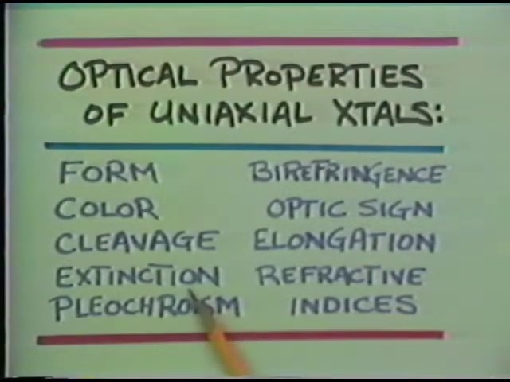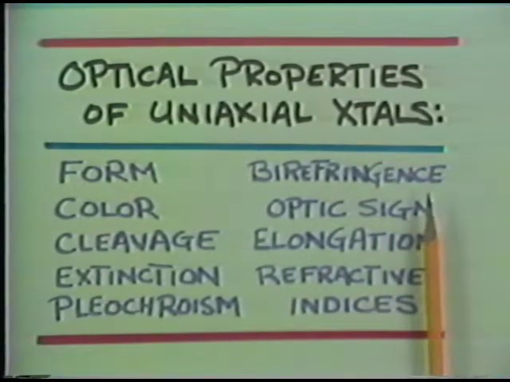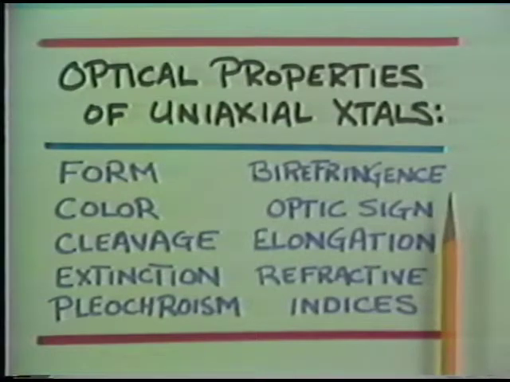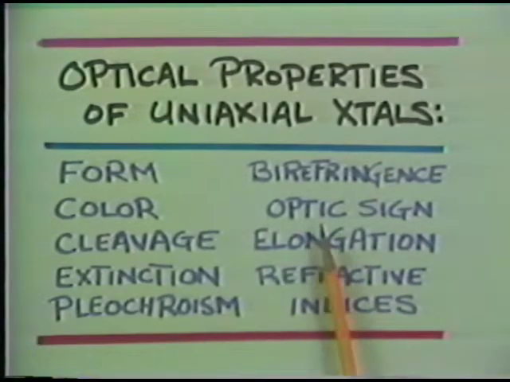We talked about various kinds of extinction, symmetrical extinction, parallel extinction that can apply in uniaxial crystals. We talked about birefringence and the fact that birefringence varies considerably among these different kinds of crystals. Optic sign, whether it's positive or negative, splits the uniaxial crystals into two groups. What kind of elongation exists?